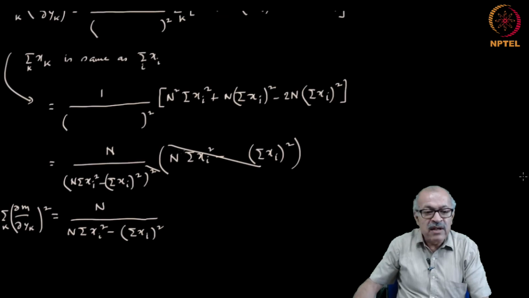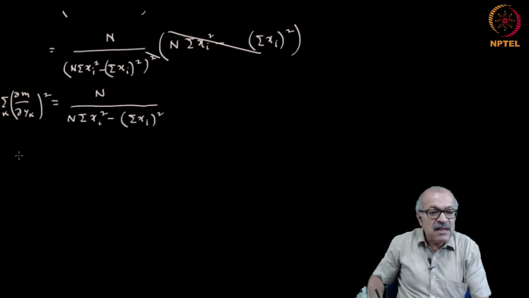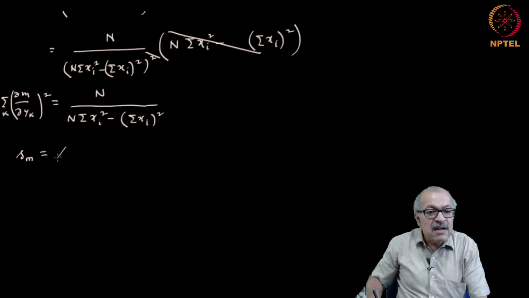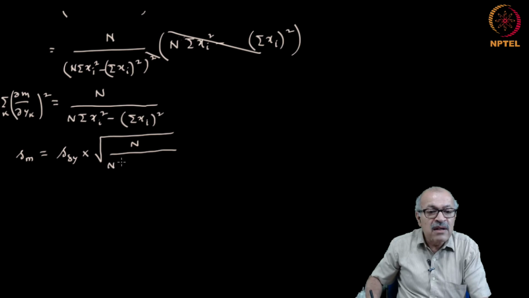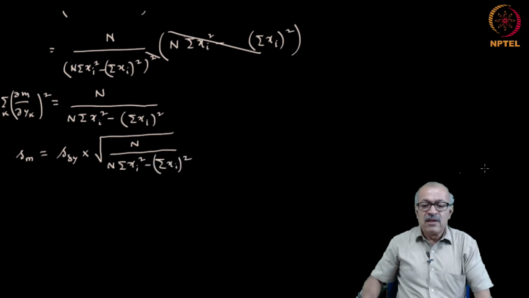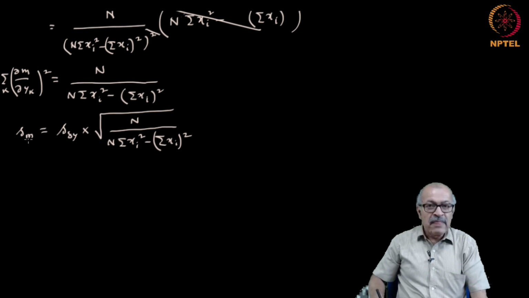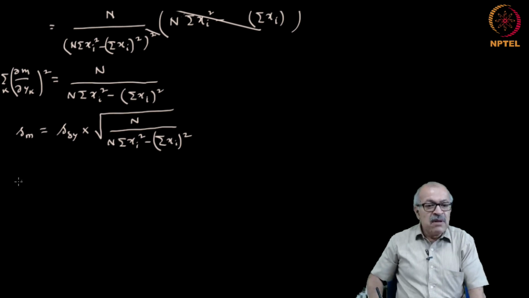So we can now express Sm, the standard deviation in m, as the standard deviation in delta y, which we have already calculated, times the square root of n by n sum over xi square minus sum over xi whole square. So this is the standard deviation in m.